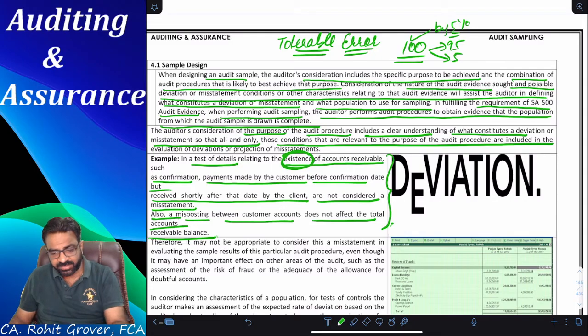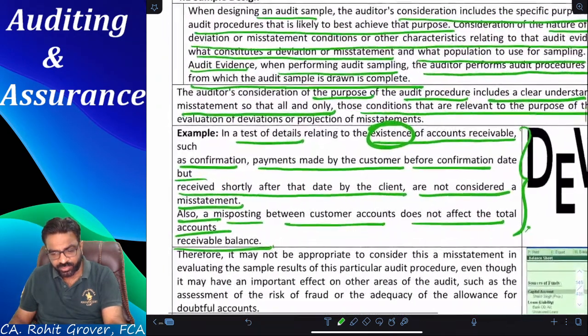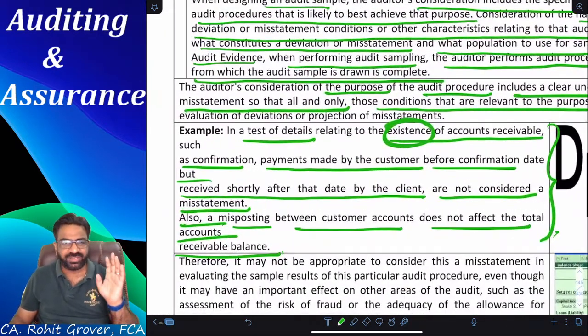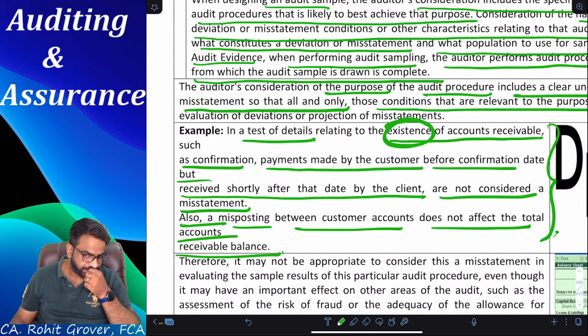Read the whole example, everyone. I need a clarification. What do you mean by this? What is the lawmaker trying to tell you in this example? Purpose. There are two examples in the same.